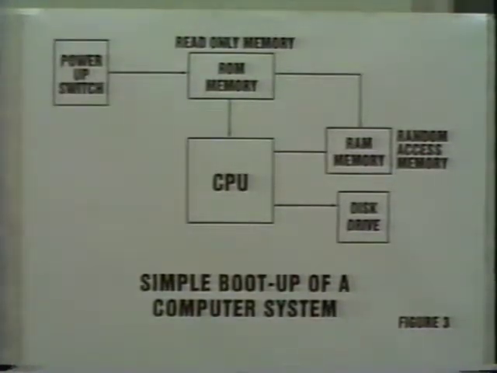This data is instructions on how to start up the system. Once the CPU has accessed the RAM memory and executed the instructions given to it from the ROM, the CPU will go out to the disk drive and start up your computer system.